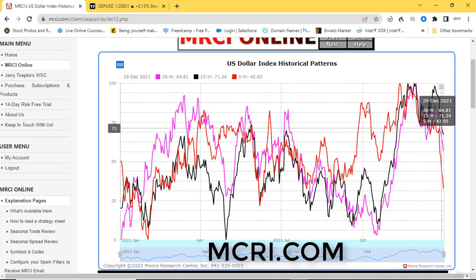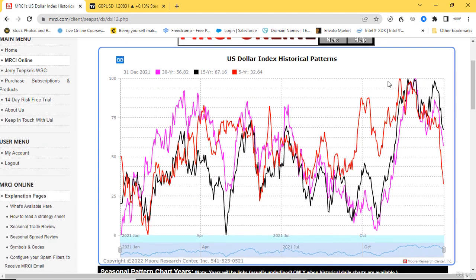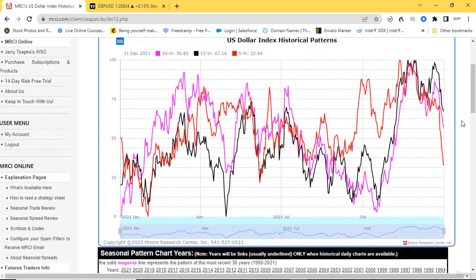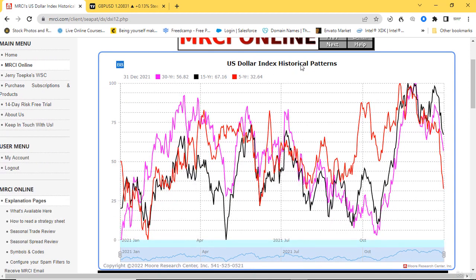So just to explain this a little bit, this is the US dollar. You can pick any one you want, but this is the US dollar historical, and the index is historical patterns. As you can see, the pink is 30 years, the black is 15 years, and the red is 5 years.